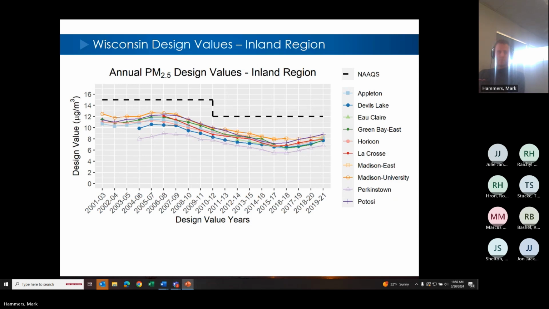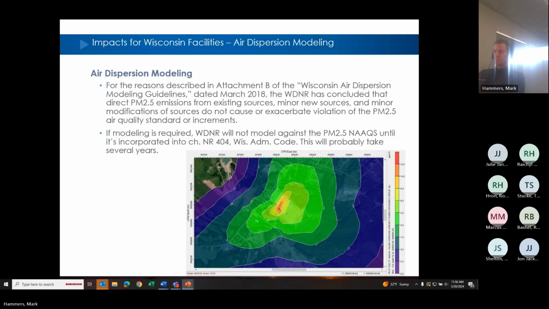So the important question: how is this going to impact facilities in Wisconsin? There's two items we're going to look at.